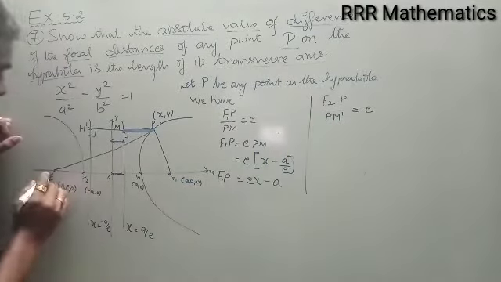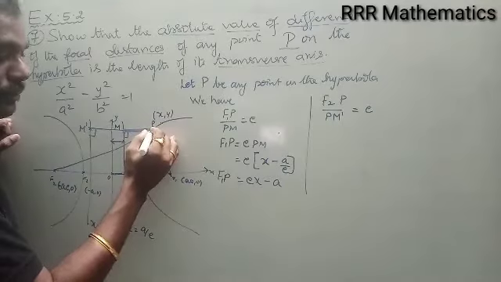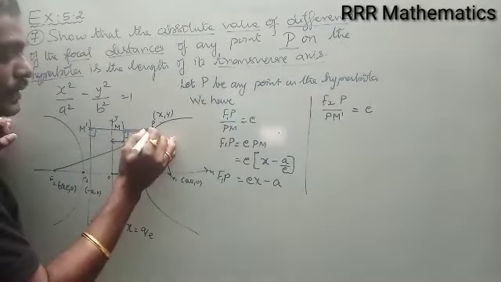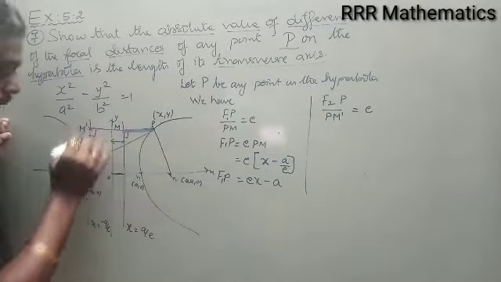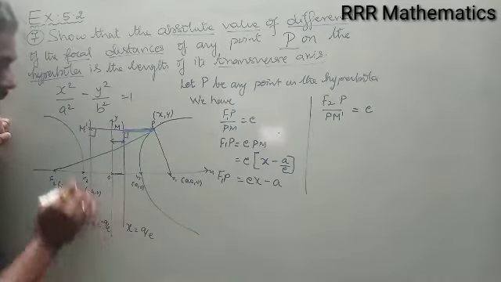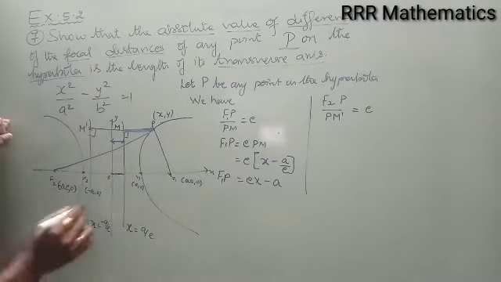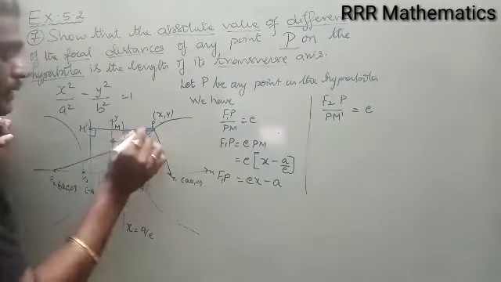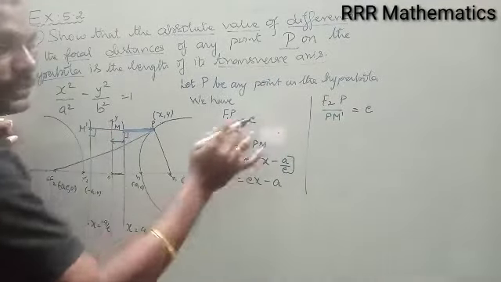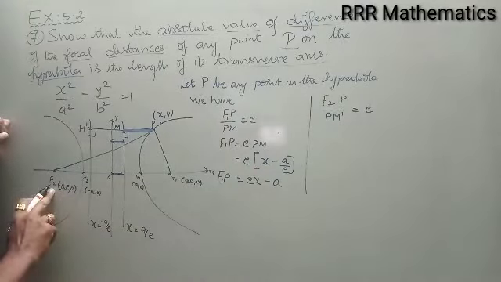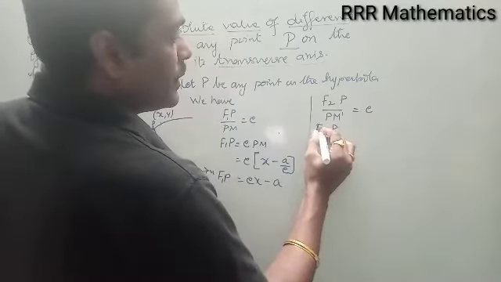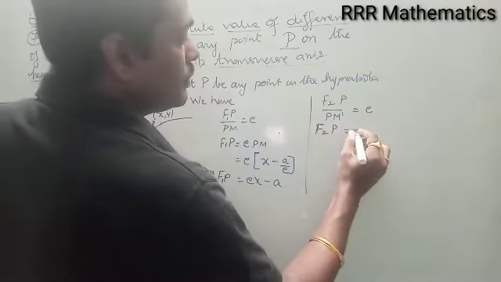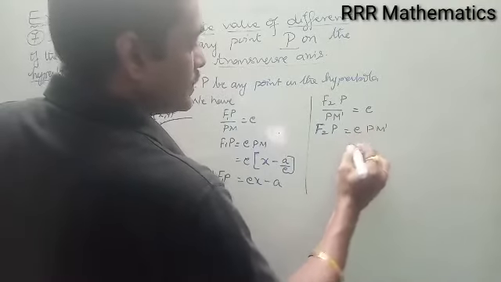F2 is the other focus, and from the same point P we draw a line perpendicular to the other directrix x equal to minus a by e at M dash. Therefore, we have F2P divided by PM dash equal to e. Same definition, with respect to the focus F2. So F2P equals e into PM dash.